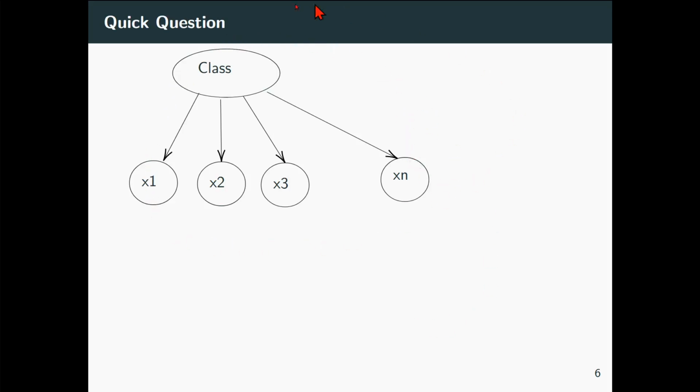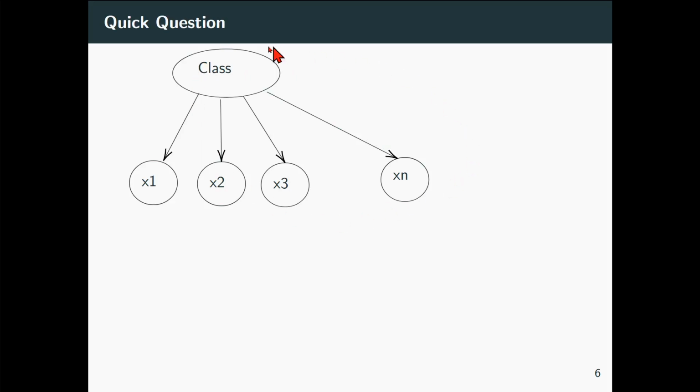So this is how the Bayesian network for naive Bayes looks. You have a class, and then you have the different features x1 through xn. What this is in some sense telling is that once you have chosen a class, you generate these features based on that class. So each of these features has the class as its parent.